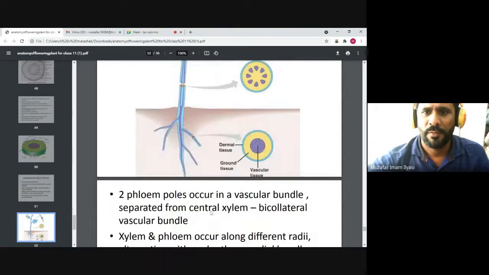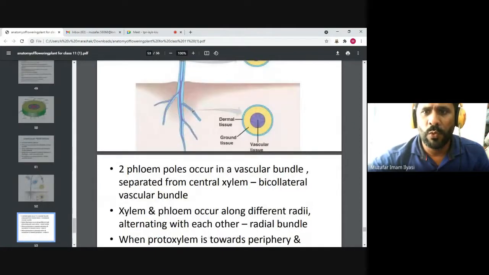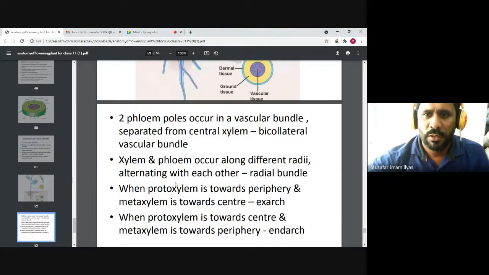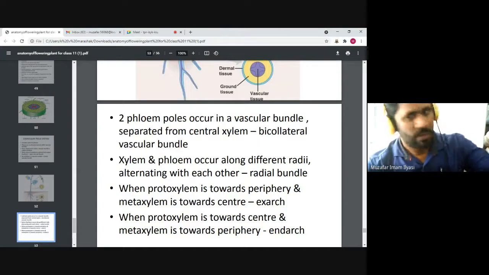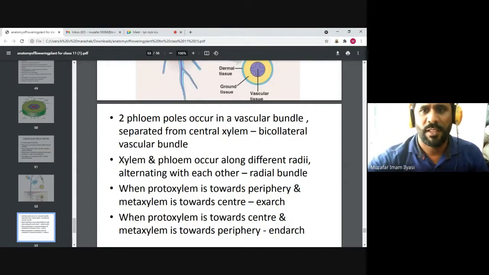See here. When two phloem poles occur in a vascular bundle, separated from the central xylem, it is called a bicollateral vascular bundle. Now see this condition: xylem and phloem occur along different radii, alternating with each other, which is called a radial bundle.